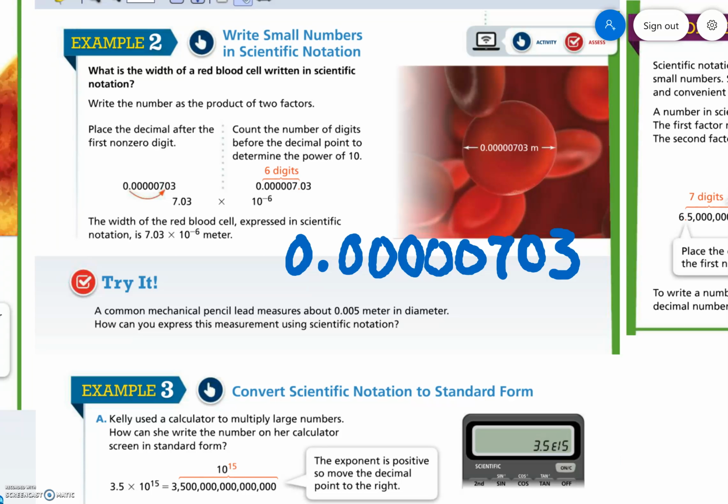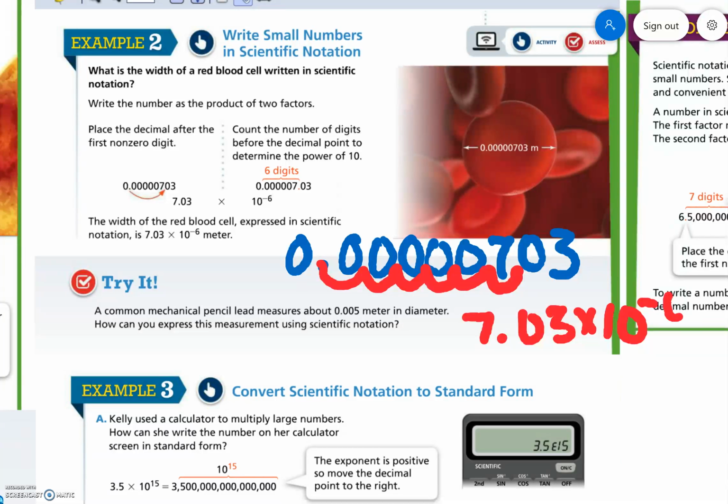Well, if I want my number to be between 1 and 10, I need to put my decimal at 7.03. So I'm going to count 1, 2, 3, 4, 5, 6. So our answer is going to be 7.03 times 10 to the negative 6. Remember, if it's a small number, it's a negative exponent.